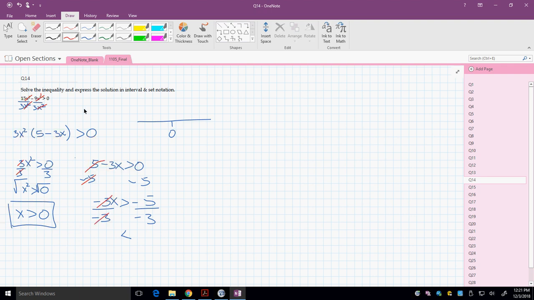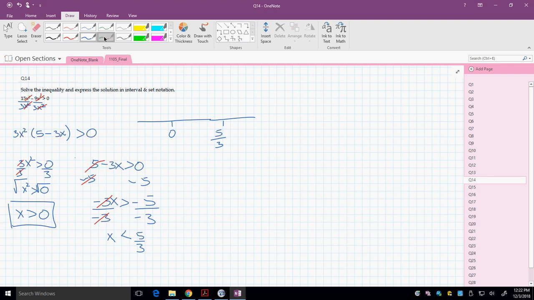So 3 cancels with the 3. Now I have x is less than 5 over 3. If we put that in the number line, it's going to be somewhere around here. 5 over 3. So we have to make a box and kind of figure out which ones are going to be the numbers that work.